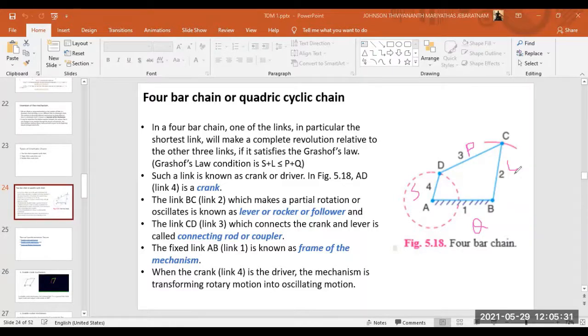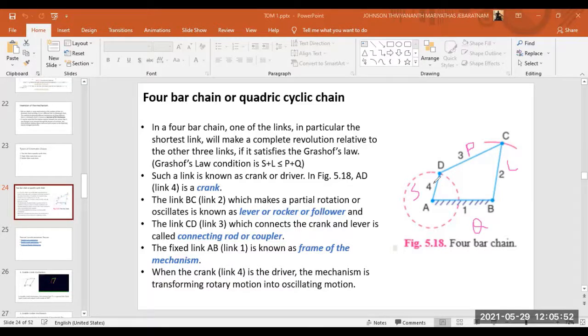Based on these facts only, we are going to determine which inversions we need and how to form them. Such a link is known as the crank or driver. AD is the driver. Whatever link is making a complete revolution is known as the crank.